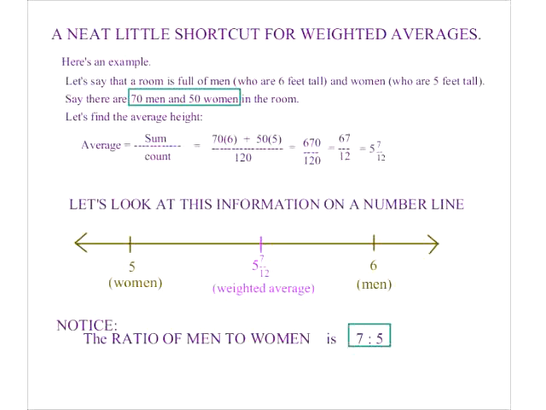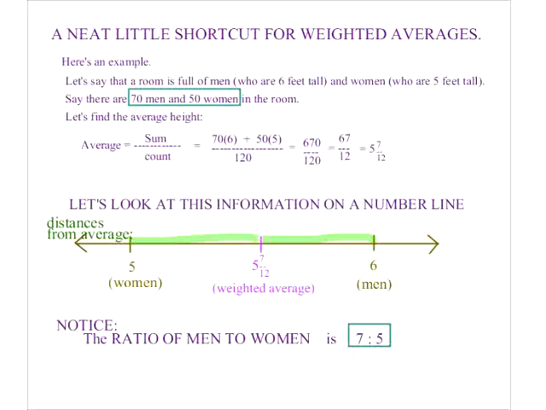Now let's look at our number line. You may be wondering what we're doing with this number line in the first place. Here is what is very, very cool. Let's look at the distances from the average. This distance is 7/12.